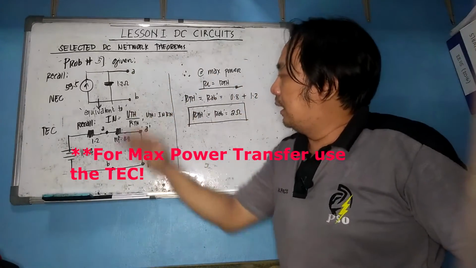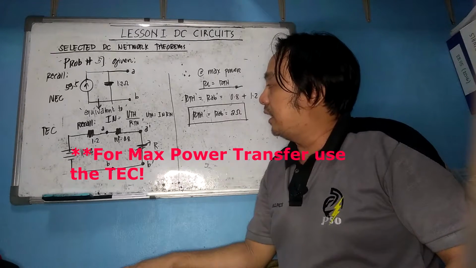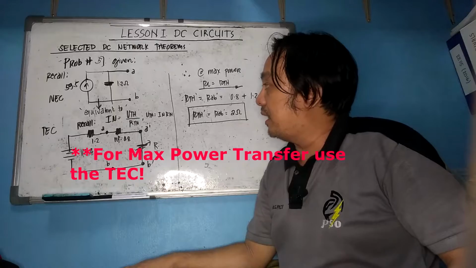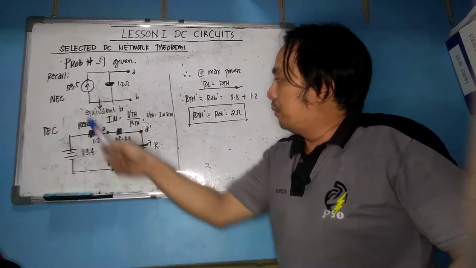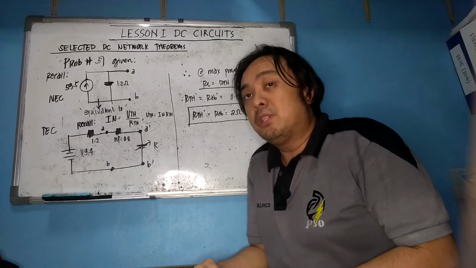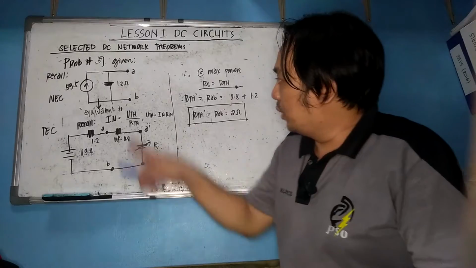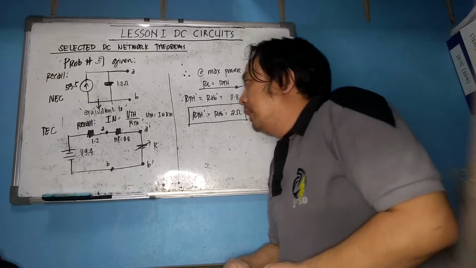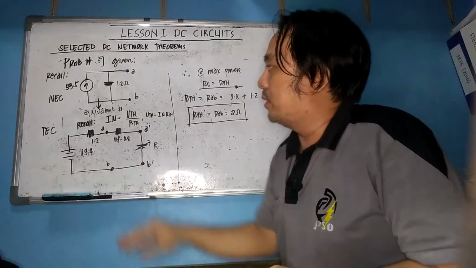Let's have our last problem from the last slide, where we have the NEC here. You have the 59.5 amperes in parallel with 1.2 ohm, and you have terminals A and B. Now, this is the equivalent of the parallel sources.